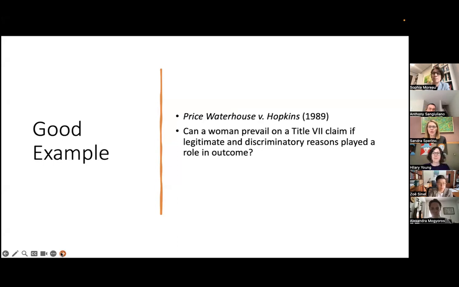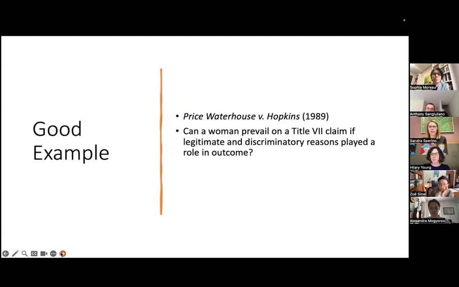And the reason that the court needed to take on this issue is that the prior cases, or many of them, had often dealt with a single causation issue. So the only issue in the case was whether we believed the plaintiff's version of the events or whether we believed the defendant's. And if you believe the plaintiff's version, then the only reason that they were discriminated against was because of a protected trait.